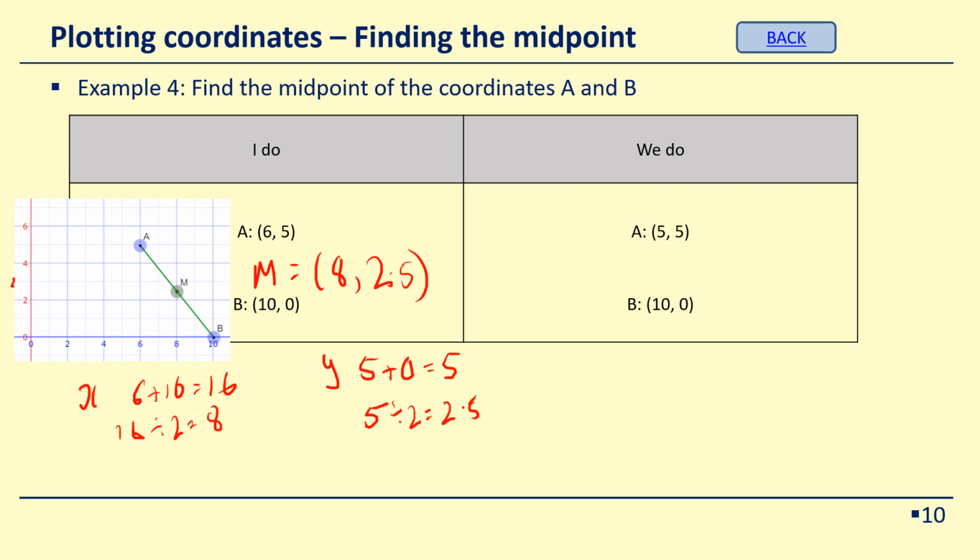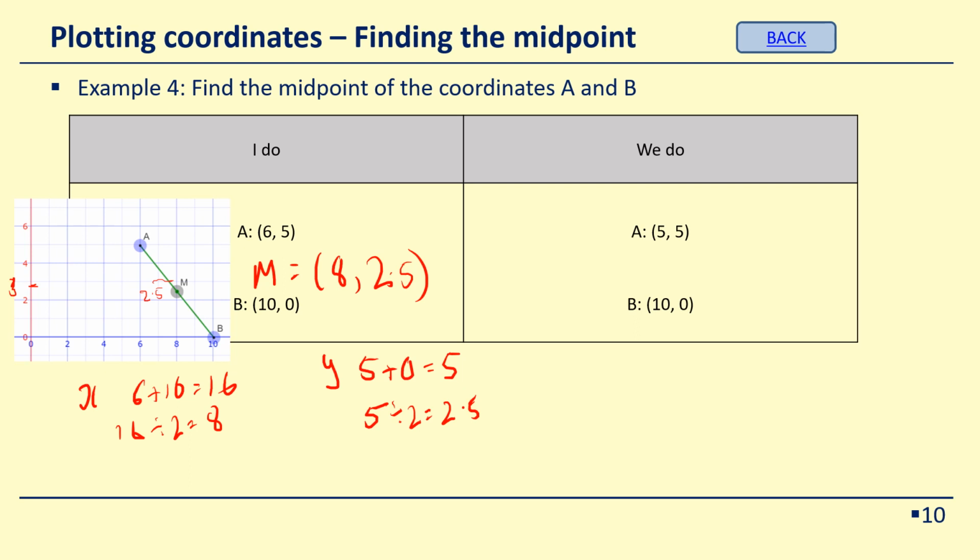Okay, so if we just put this line in, so that's 3, you can see that that's 2.5. Okay, and that's 8. Okay, right, pause the video and try the redo.